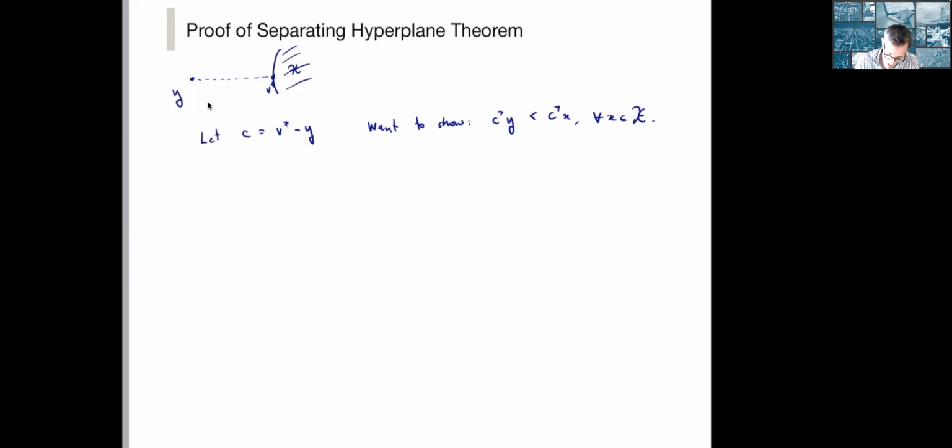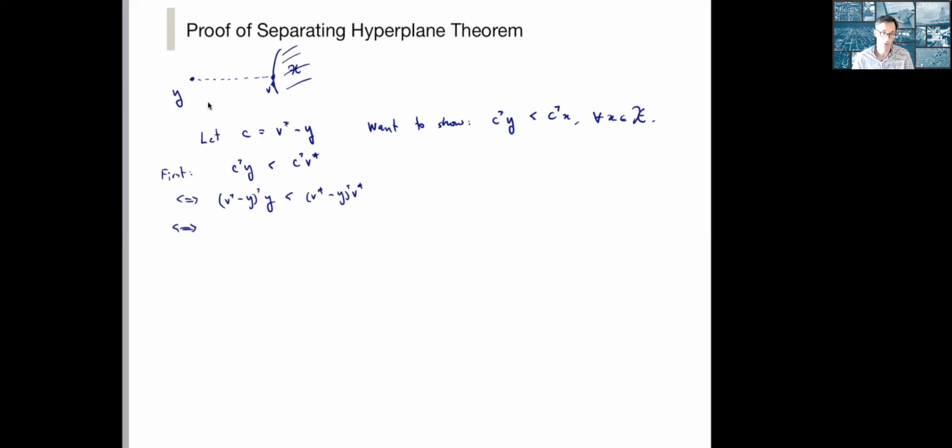So first, let's note that this holds for the point v star. First, note that c transpose y is strictly less than c transpose v star. How do we see that? Basically just by direct calculation. This inequality is equivalent to just writing out what c is: v star minus y transpose y is less than v star minus y transpose v star.